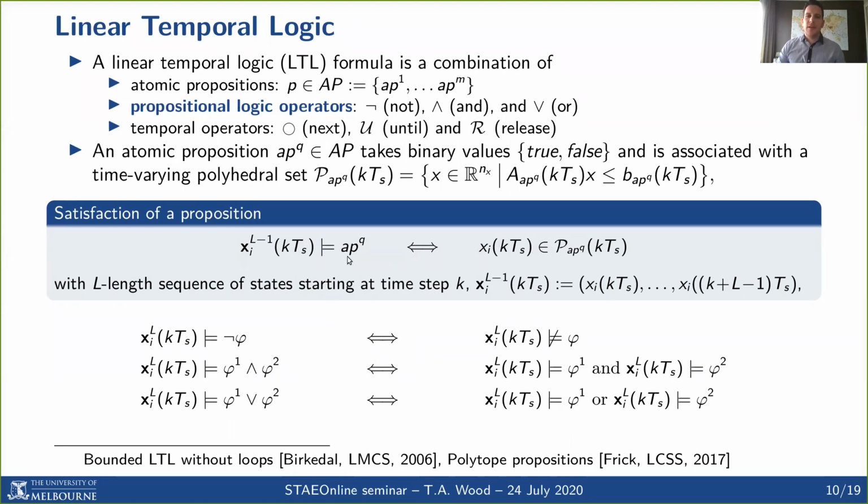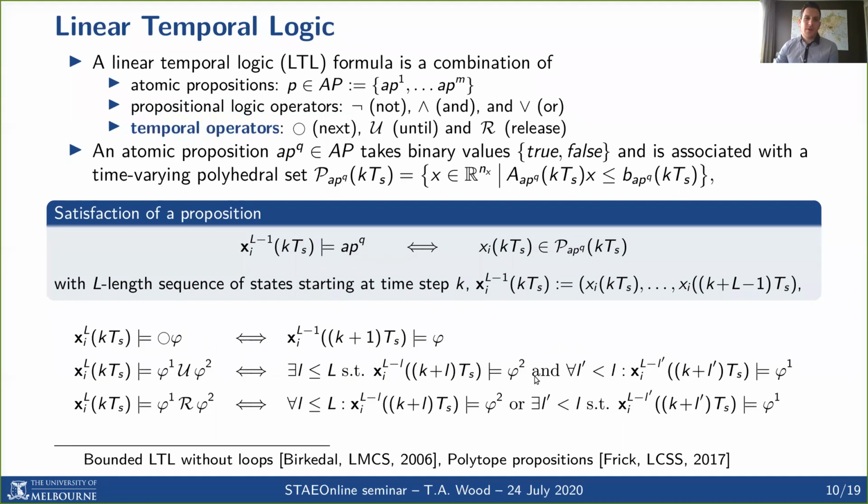We say that a proposition is satisfied if the first element of the sequence lies in the polyhedral set. We say it's not satisfied if the opposite is true. AND conditions are straightforward, and OR conditions as well. We need both to be satisfied.